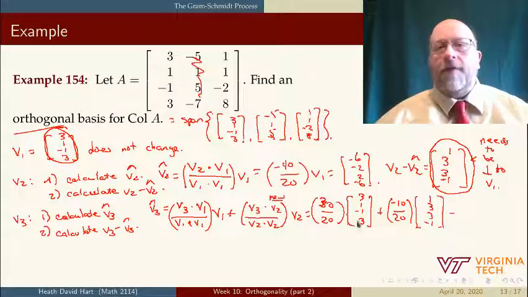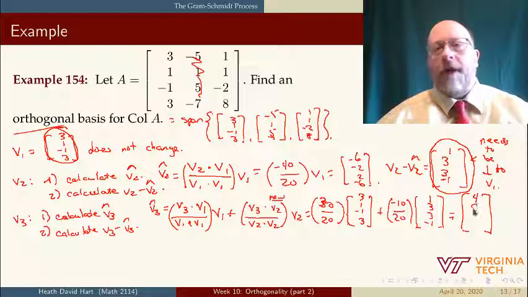So let's calculate this out. This is 1.5 times 3, so that's 4.5 minus 0.5 is 4. 1.5 times 1 is 1.5 minus 1.5 is 0.